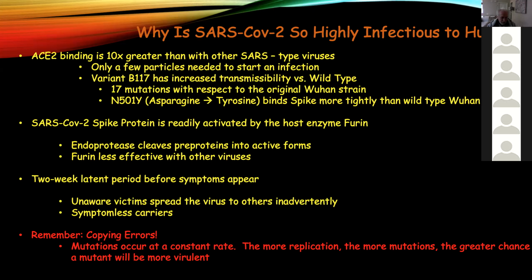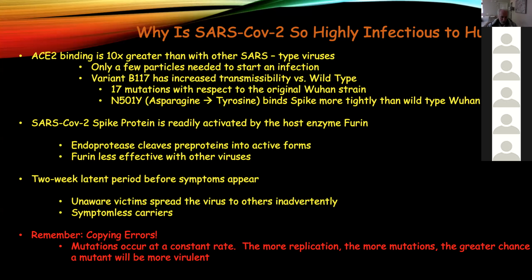And the third point is that there's a 2-week latent period before symptoms occur. So people can become infected and have a heavy virus load, but not have any symptoms. But while they have this heavy load, they're spreading it around to people that don't realize they're infected. So these symptomless carriers are a big problem.